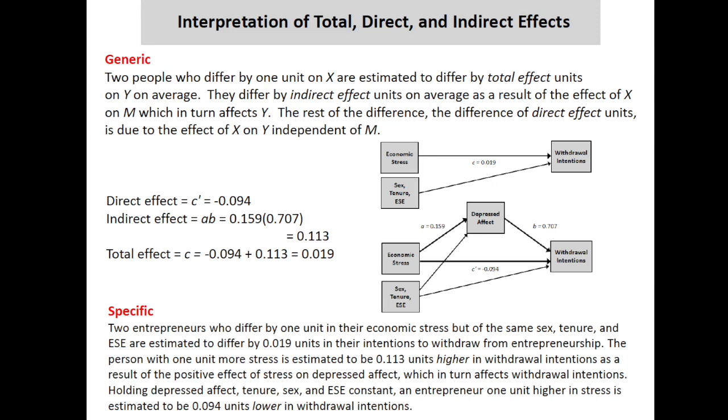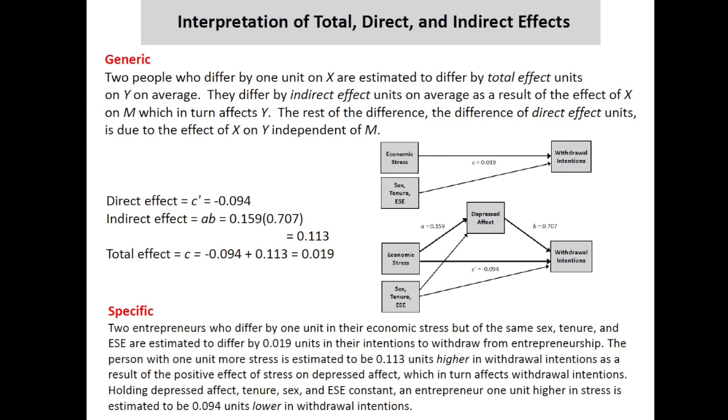So substitute in our variables into this generic interpretation, and you get this. 2 entrepreneurs who differ by 1 unit in their economic stress, that's 1 unit on whatever the metric is being used to measure their stress, but they're of the same sex, tenure, and entrepreneurial self-efficacy, because we're holding those constant. We're parceling those out in the model. They're estimated to differ by 0.019 units of withdrawal intentions, again, in whatever metric of withdrawal intentions we've used. The person with 1 unit more stress is estimated to be 0.113 units higher in withdrawal intentions as a result of the positive effect of stress on depressed affect, which in turn affects withdrawal intentions.